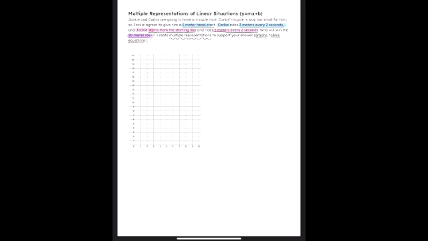Okay, so I actually find that the easiest way to start is to make tables. You don't have to start with tables, but I feel like they're the easiest way to kind of keep track of information. So to make a table, you're going to make basically a big T-chart, one for Carlos and one for Jackie.